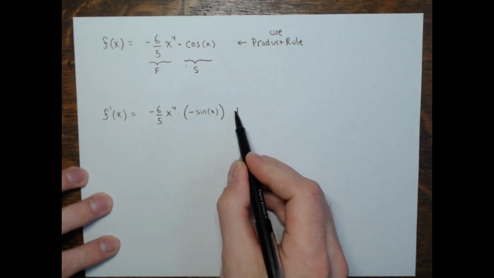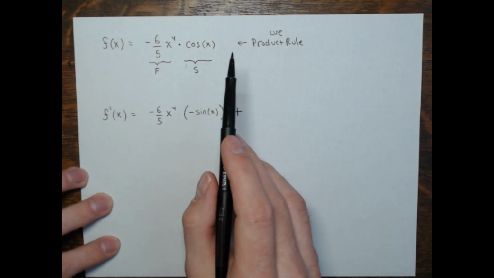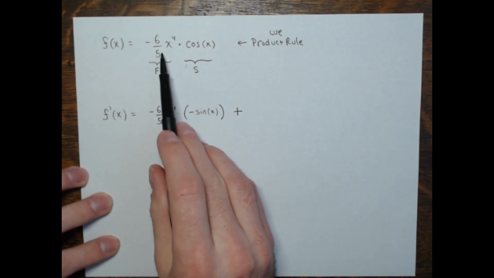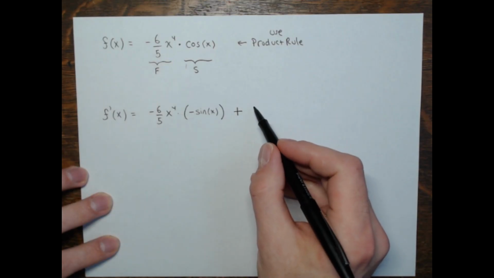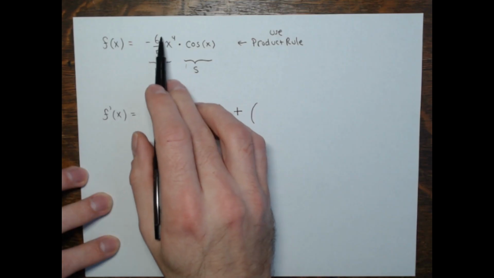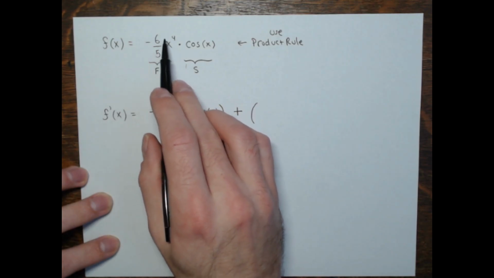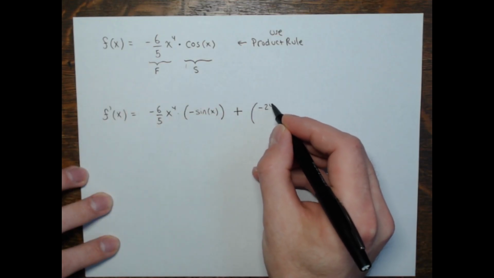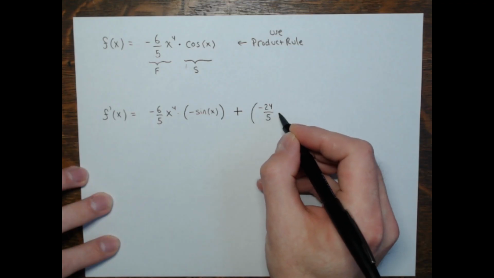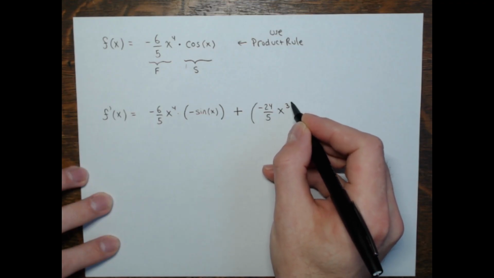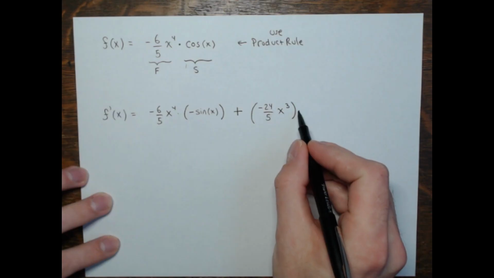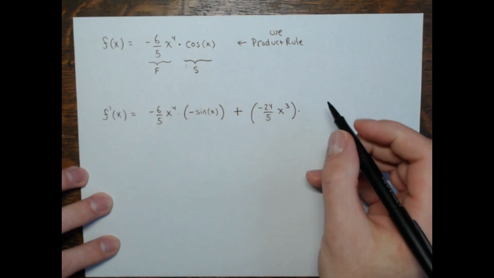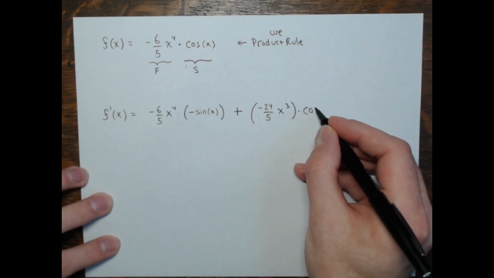And then plus, do the other way around. Take the derivative of the first. I would just do the power rule with this as a polynomial. So it'd be negative 24/5 times x to the third. There's the derivative of the first, and then times, leave the other factor the way it was, cosine x.